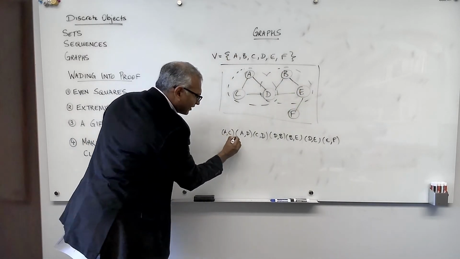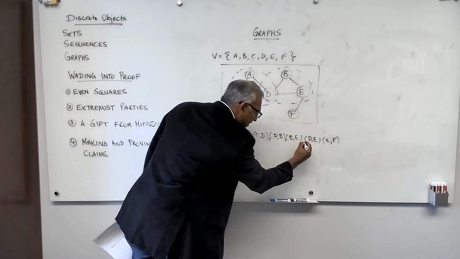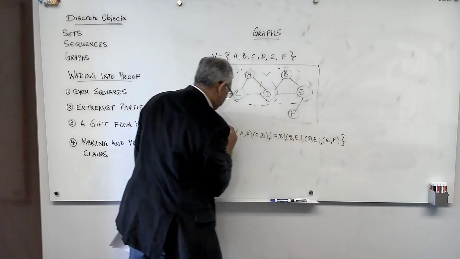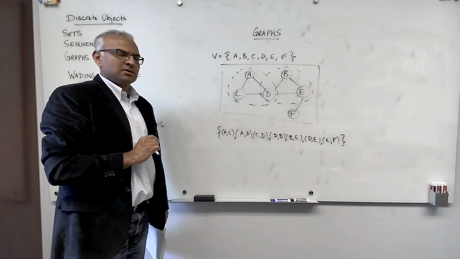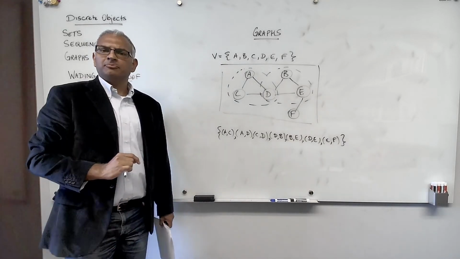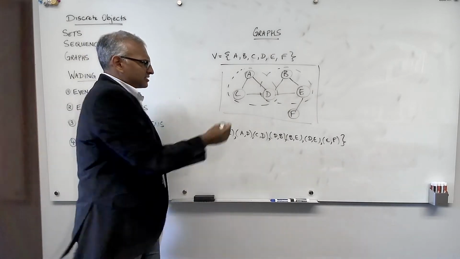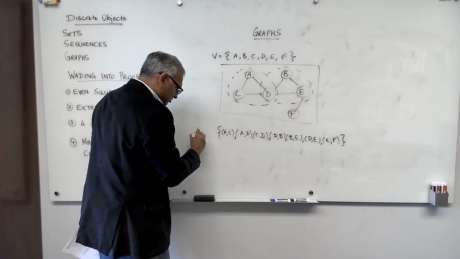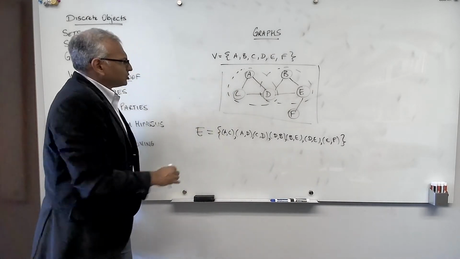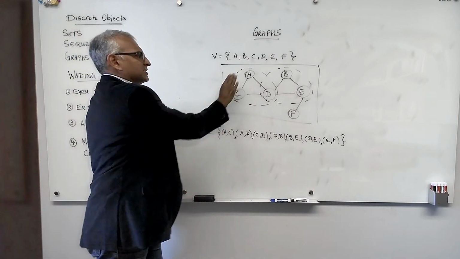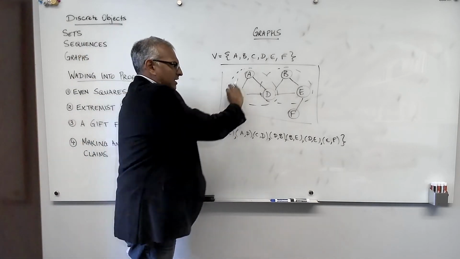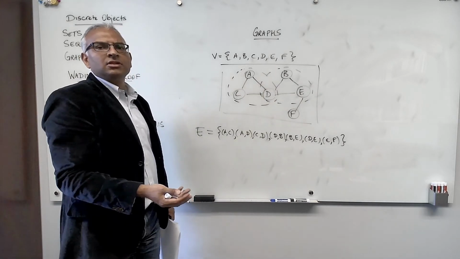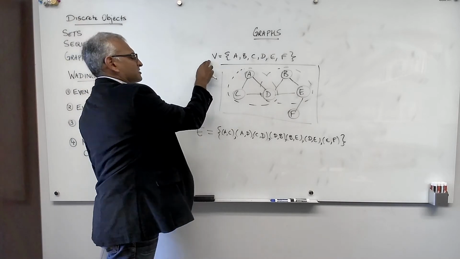Now, if I collect all of these in a set, this set of relationships together with this set of people completely represents this graph. Let's call this set E. And together V and E represent this graph. And so in order to represent a graph in a computer, all I need to feed the program or the computer is the sets V and E.